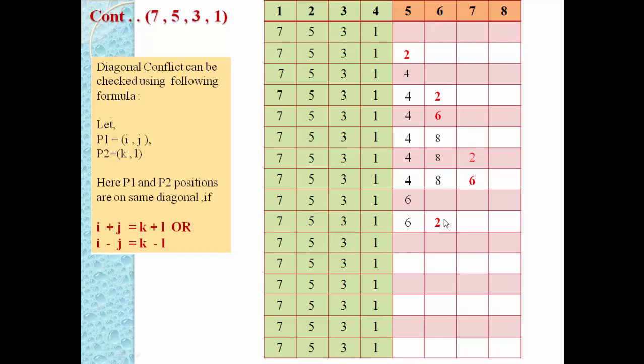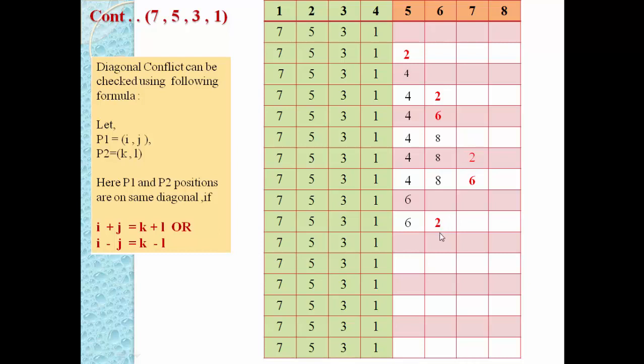So 6 plus 2 is equal to 8. So is there any queen out of these 5 which has addition of row and column equal to 8? So here the first queen 1 plus 7 is equal to 8, and 6 plus 2 is equal to 8. It means that it will be on same diagonal with our queen number 1. So we cannot place our queen number 6 on column number 2.